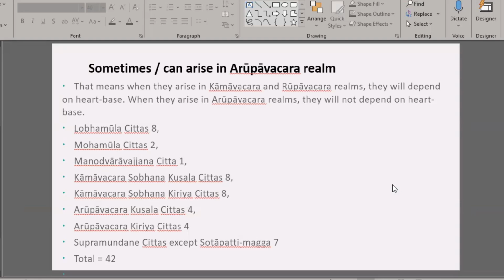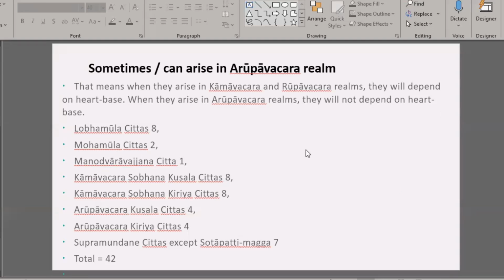We call it Phala Samapatti in Pali. At that time, Sotapatti Phala Chitta arises in Arupavachara Brahmas. So those are the reasons for those chittas arising in the Arupavachara realm, as well as in other realms.